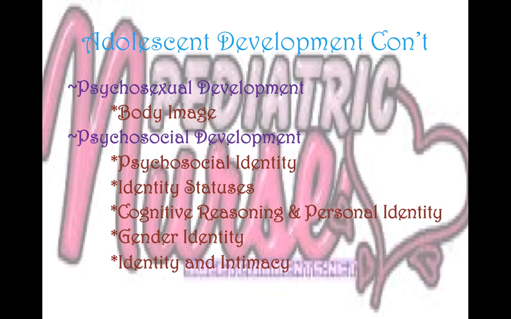Adolescents define themselves according to several distinct physiological, psychological, and social events and experiences. Those are listed in your text on page 367. They're numbered 1 through 6.